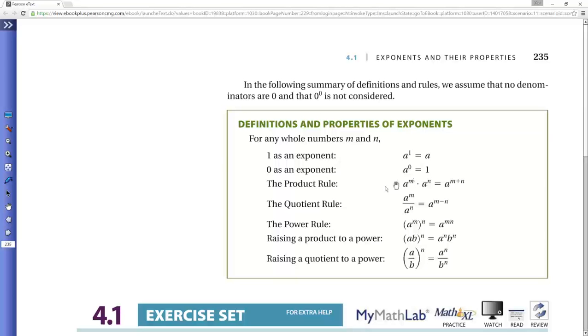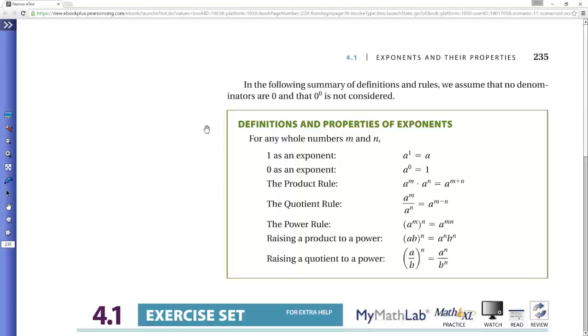Anything to the 0 power is equal to 1 except for 0. The product rule, quotient rule, power rule, raising a product to a power, and raising a quotient to a power. This kind of summarizes all the rules we've gone through, and then in the exercise you're going to practice these rules. Okay.